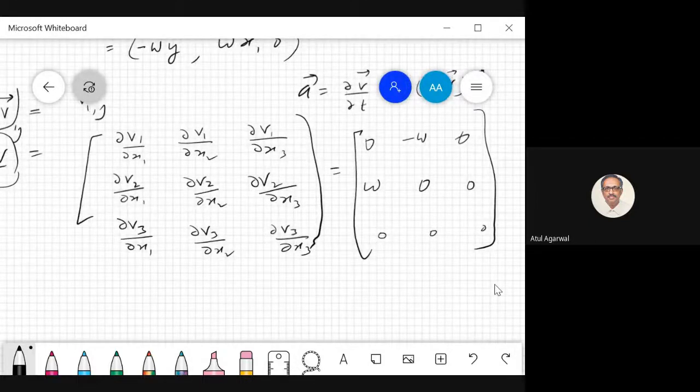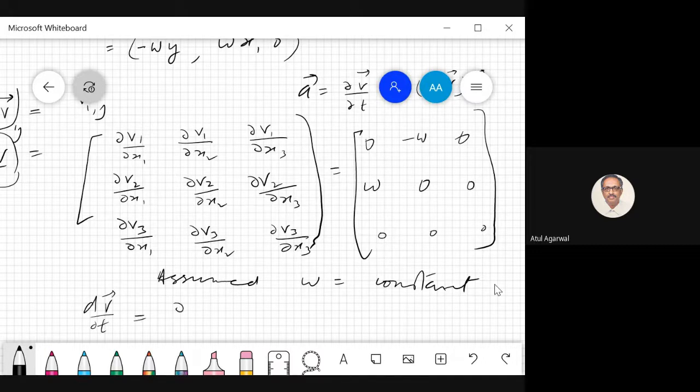So now you see all my terms are independent of time. We have assumed omega is constant. Angular velocity we have taken as constant. So what is my dv by dt?